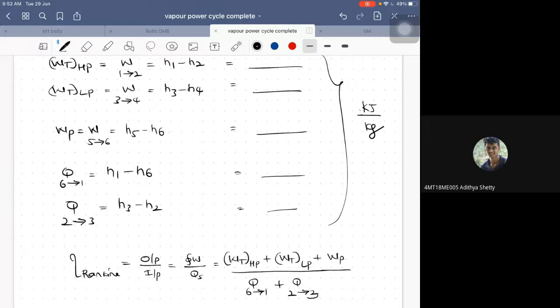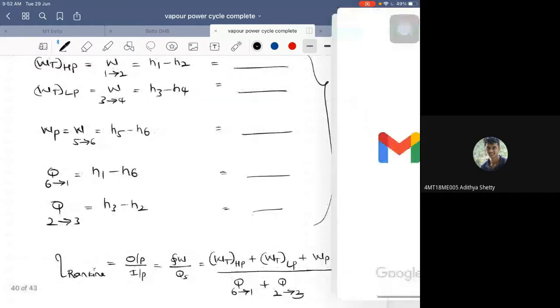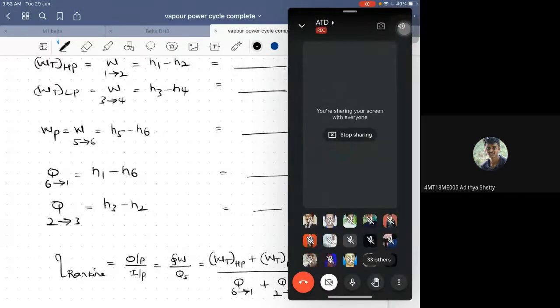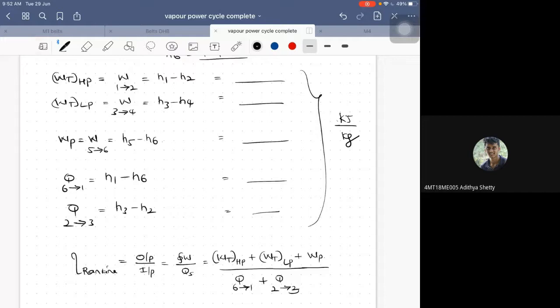Yes, can I have the values? WT, WTHP, WTLP, WP, Q621 and Q223.